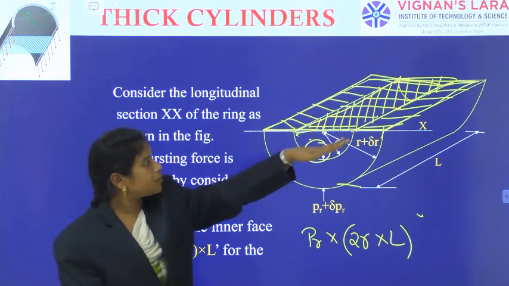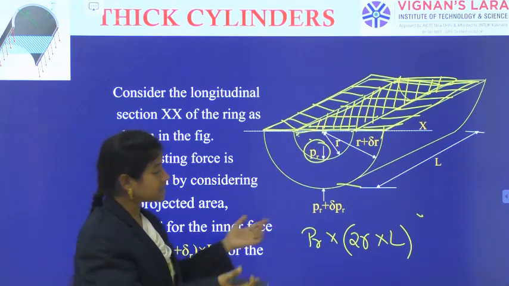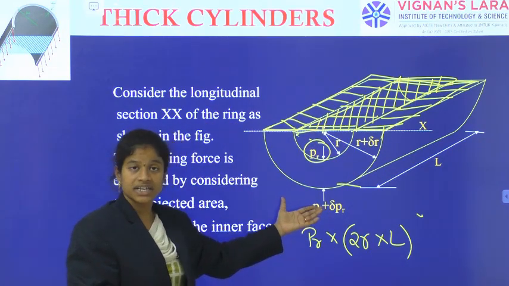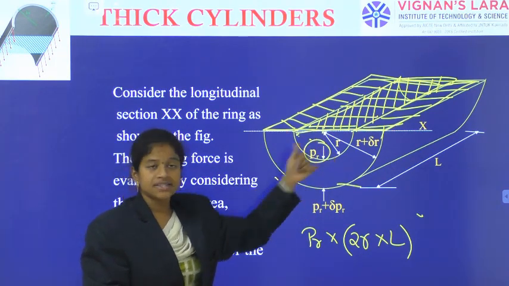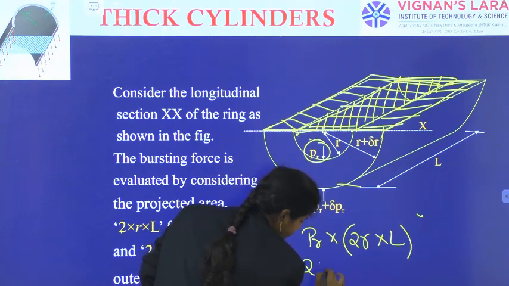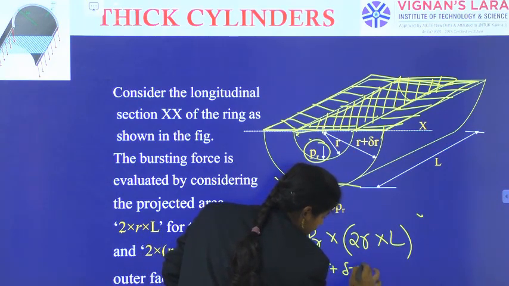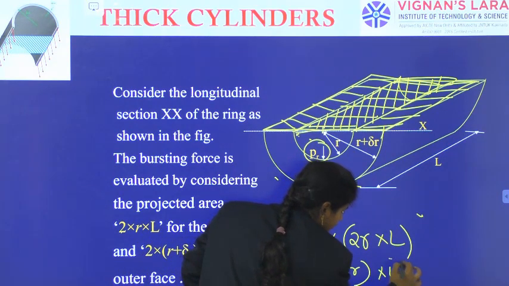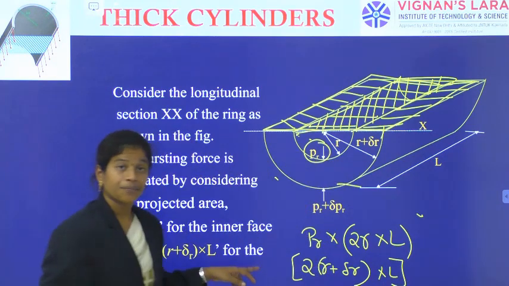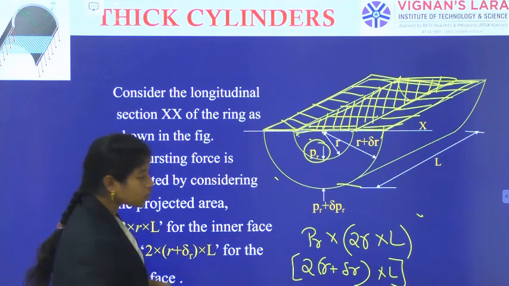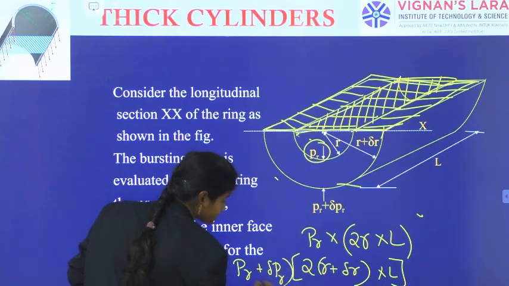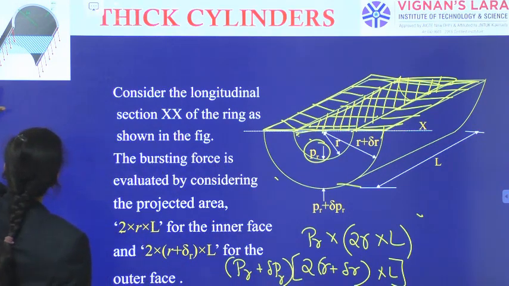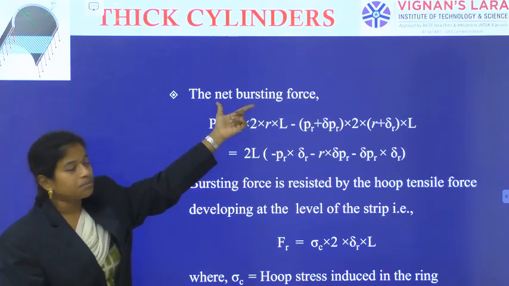So the complete projected area for the PR plus delta PR bursting force, what is the projected area? A complete radius of R plus delta R, 2 times R plus delta R into L is the projected area, and the corresponding pressure acting on this area is PR plus delta PR.